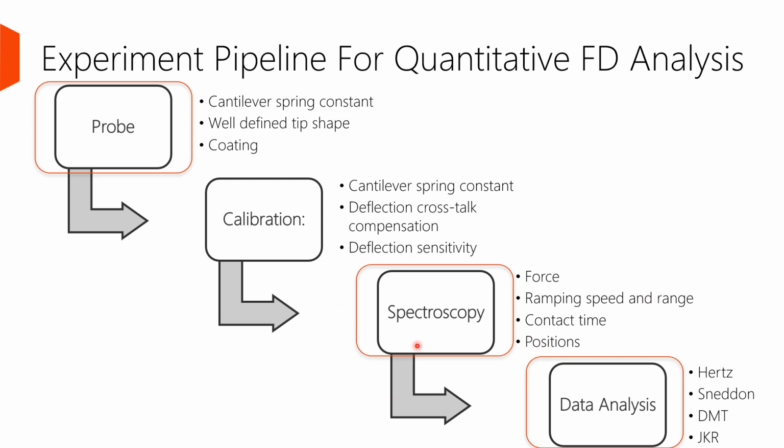So after all these force curves are being collected, we need to select a proper contact mechanics model that fits our scenario. For example, we can use Hertz, Sneddon, DMT, and JKR model. There are a whole bunch of these contact mechanics models.